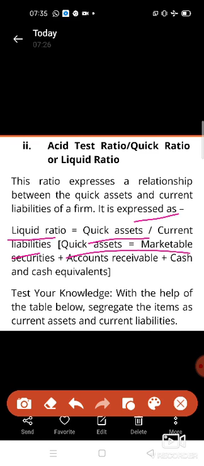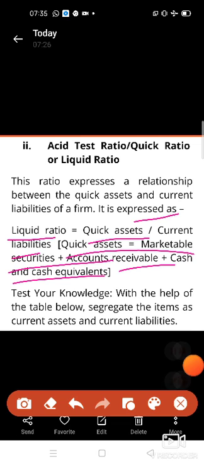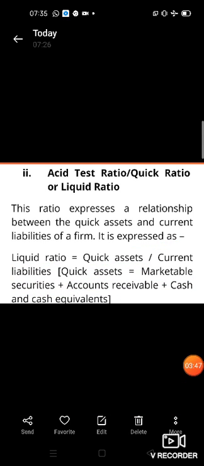Quick assets means marketable security plus account receivable plus cash and cash equivalent. And current liability, as you know very well, creditor, bills payable, outstanding, all these are current liabilities. But bank OD is not recommended in acid test ratio as a current liability.